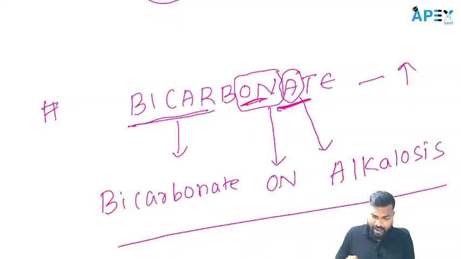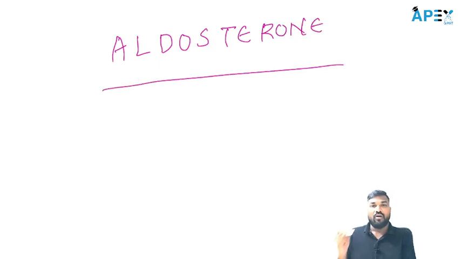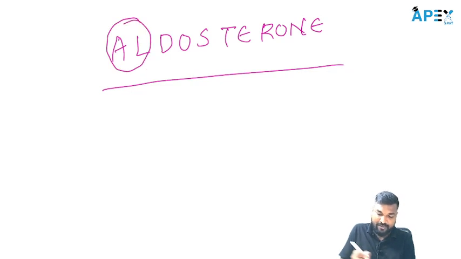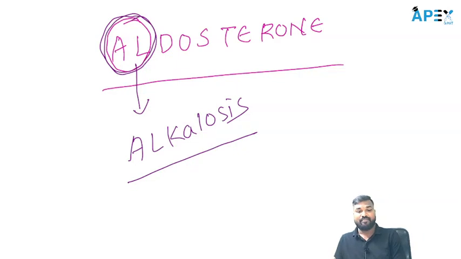Okay. Apart from that, we also have to remember some drugs. Let's say aldosterone. What does aldosterone cause? Alkalosis or acidosis? Yes, it is very easy. Aldosterone causes alkalosis. The name itself starts with Al, it causes alkalosis.